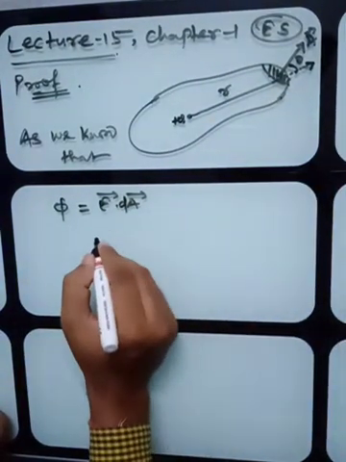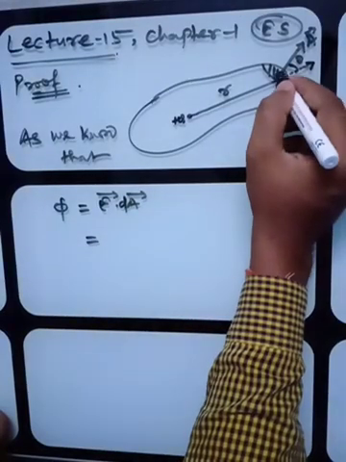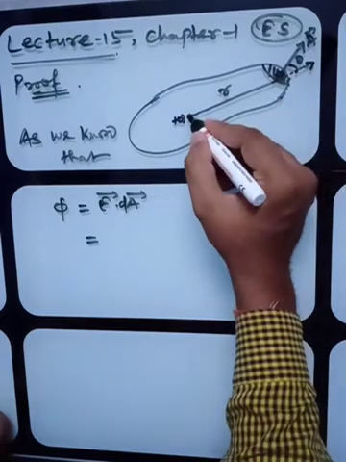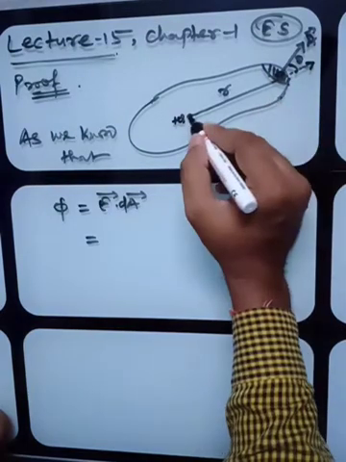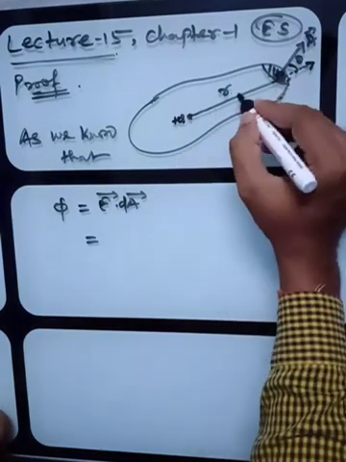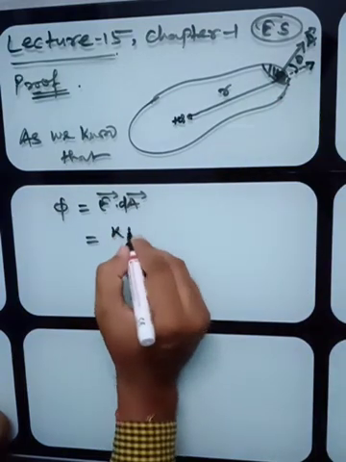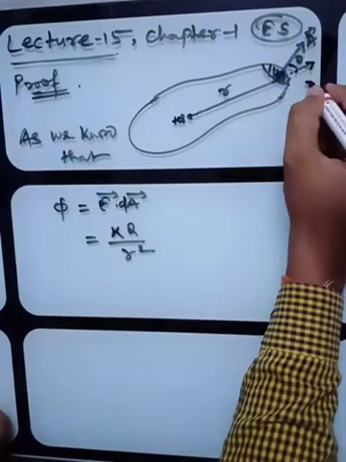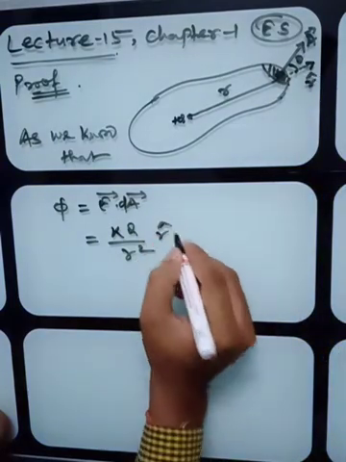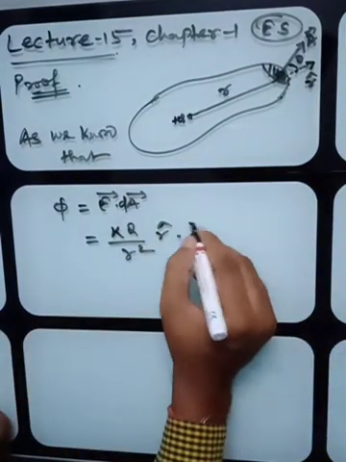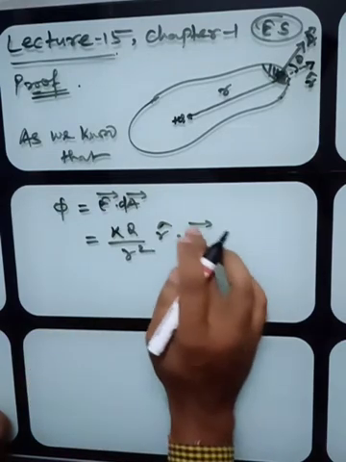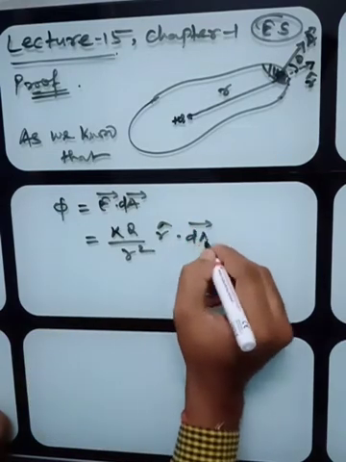Now, the electric field at this point where we have taken the surface area, the electric field due to this point charge at distance r, we can write as k q over r square. Am I right? And the direction is along r cap dot the area vector, dA.